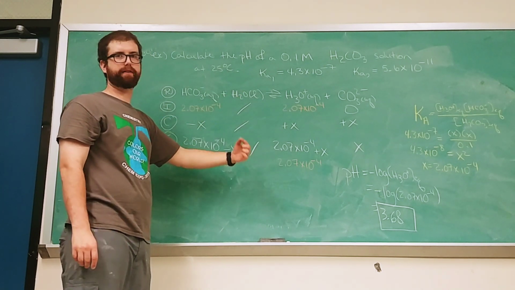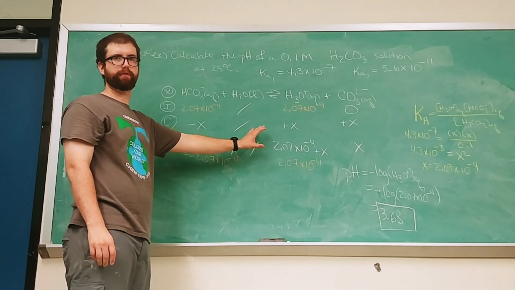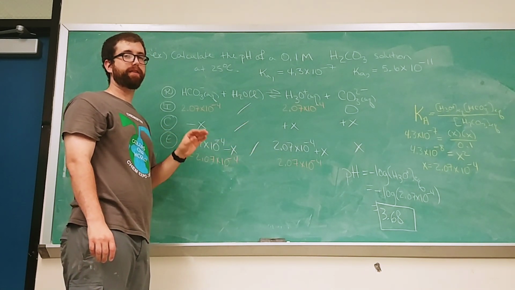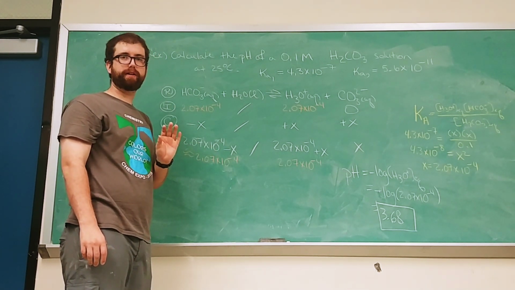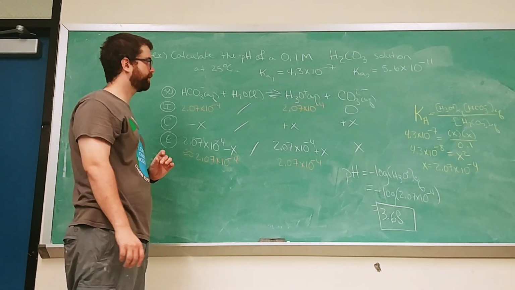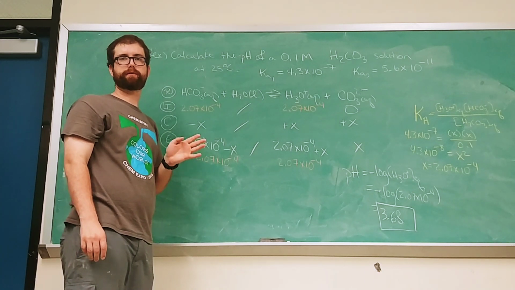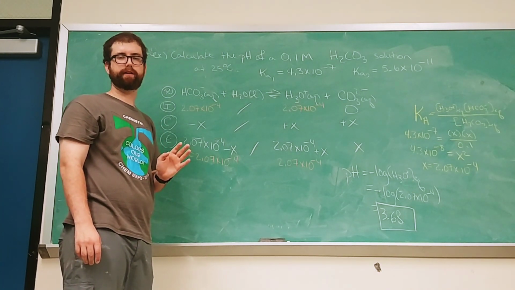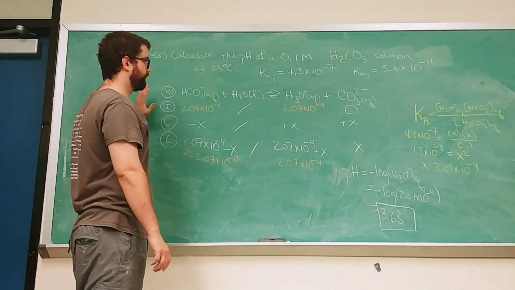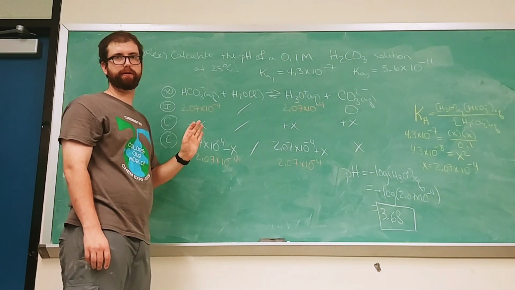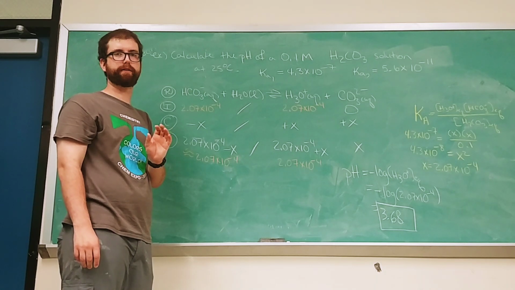Because after that, the second and third deprotonations really aren't contributing very much to the hydronium ion concentration. They do affect it, but it is so negligible that it really does not affect our final answer. So, if you're given multiple pKa's or multiple Ka's for a polyprotic acid and you need to solve for the pH, you really only have to do it for the first step, the first deprotonation, because that'll give you the functional amount of hydronium ions.